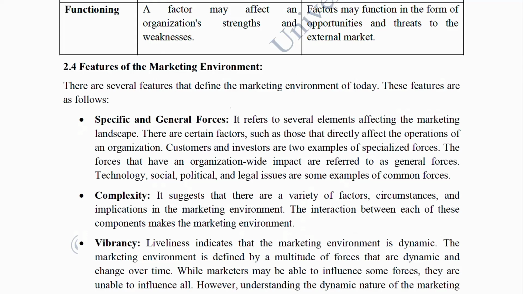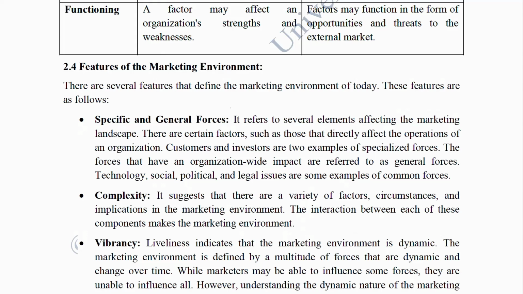Customers and investors are two examples of specialized forces. The forces that have an organization-wide impact are referred to as general forces. Technology, social, political, and legal issues are some examples of common forces.